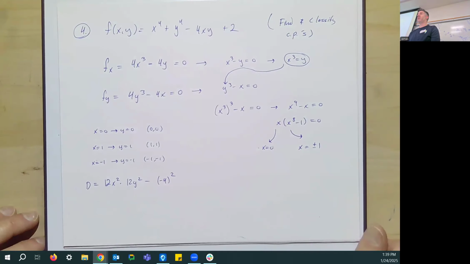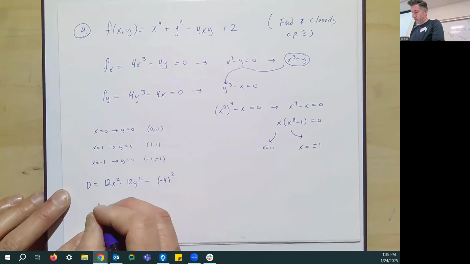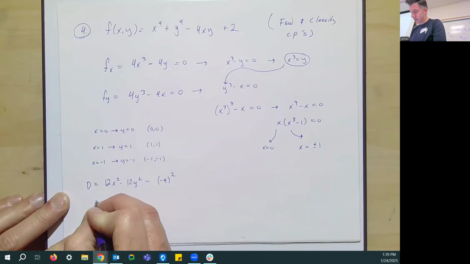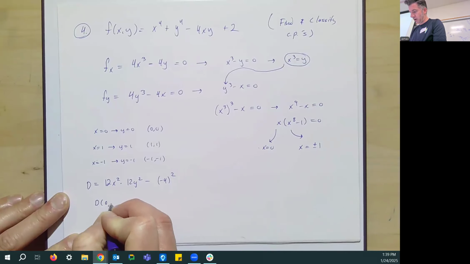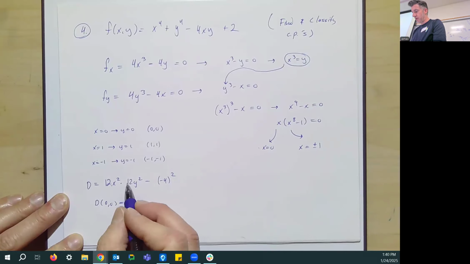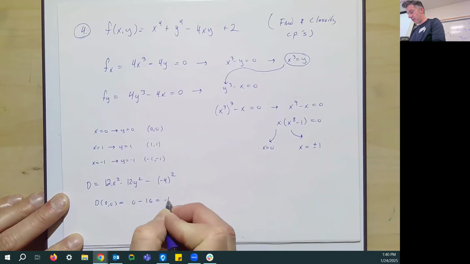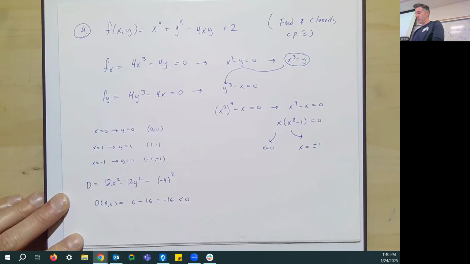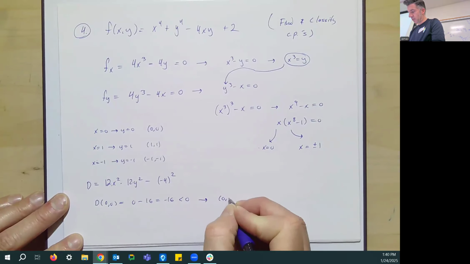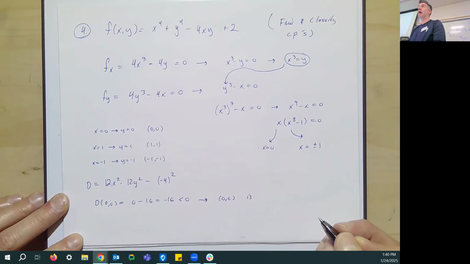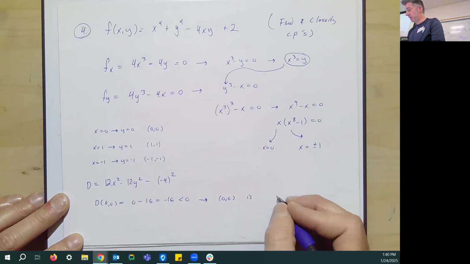It is almost always best left unsimplified because you're going to plug in some points. Let's see what happens. If we plug in 0, 0, D of 0, 0 is going to equal 0 times 0 minus 16, which is negative 16. And if it's negative, that means we have a what? It's a saddle.